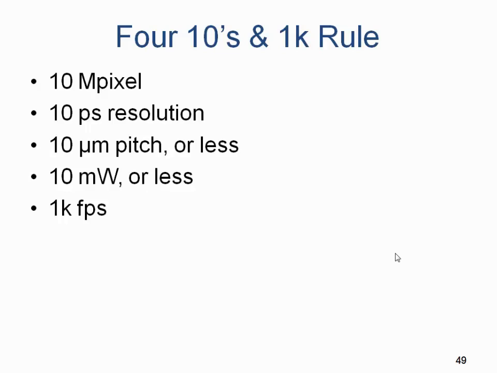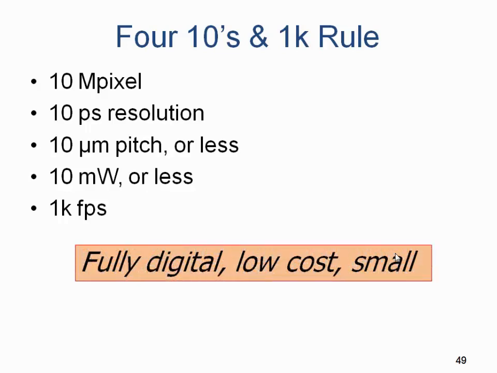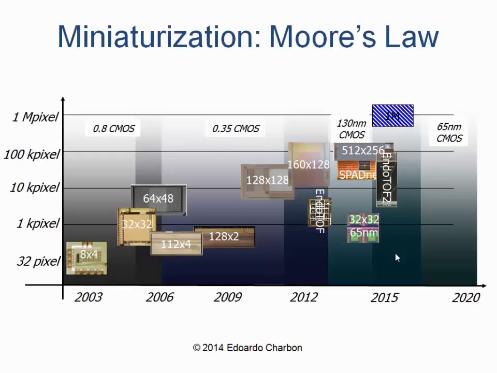We also think that we're going to reach frames per second of the order of thousands. But I think the most important thing is that most likely these detectors are going to be of the new generation, fully digital, low cost, and potentially small.